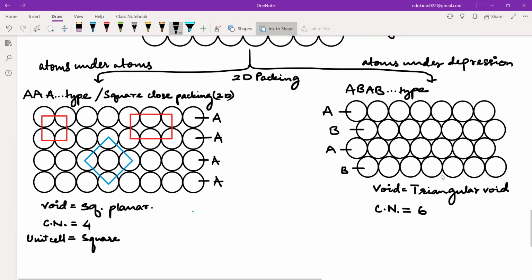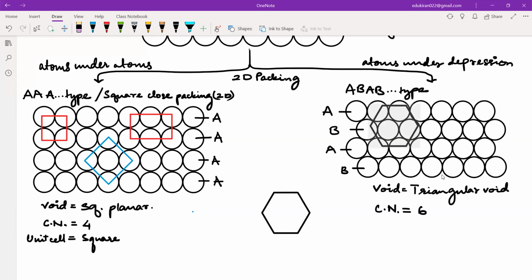Now, if I look at the ABAB type, and if I want the unit cell which gives me the information about coordination number, then I will be taking this type of unit cell. Let me draw it here so that I will get a good shape, and then I will place that here. So I will take this and place it here.